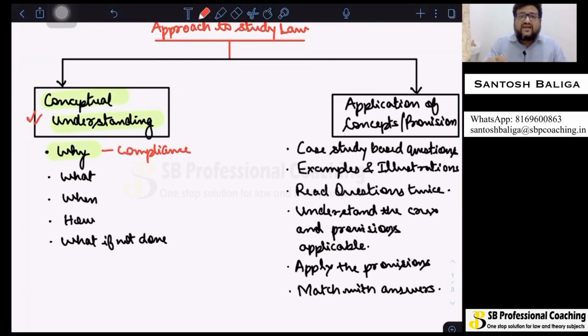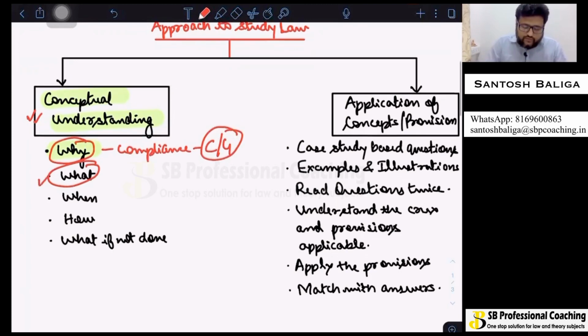To check that the company is adhering to the corporate governance measures or not, whether the company's governance is transparent or not, that is the reason such a provision has been put. So this question of why should be answered. Then what exactly is the provision trying to remedy, or what exactly is the provision providing to solve a particular issue? That is the second question that you should be having.